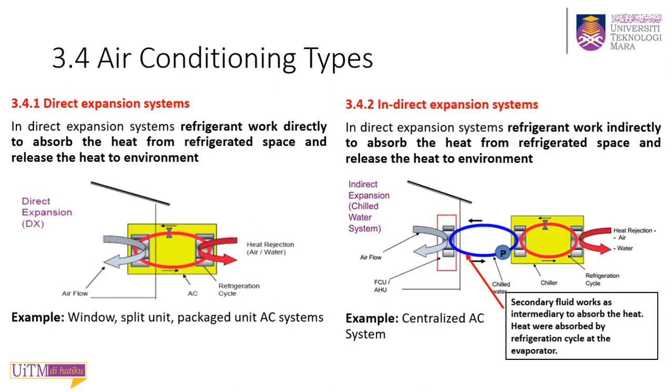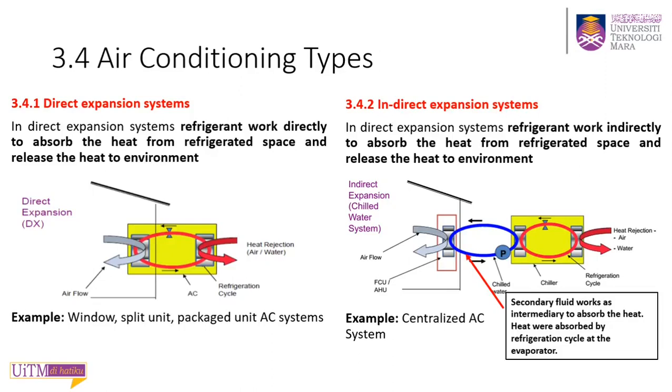The fourth subtopic will cover the types of air conditioning system based on how the refrigerant absorbs heat from the air-conditioned space before rejecting it to the outside. There are two ways the refrigerant can absorb heat from the air, either by direct expansion or indirect expansion.